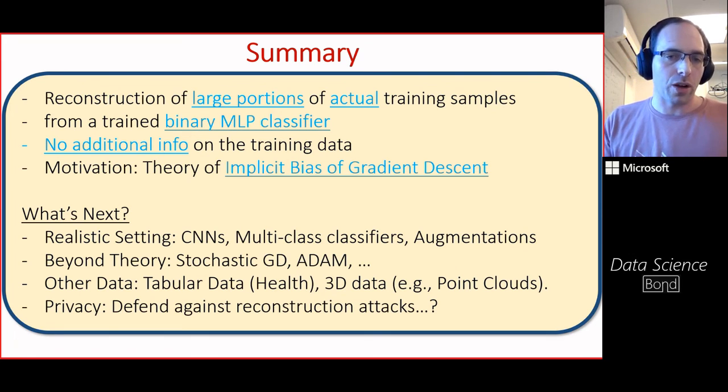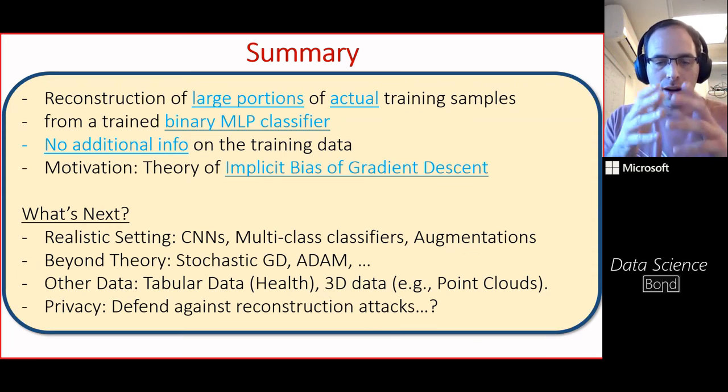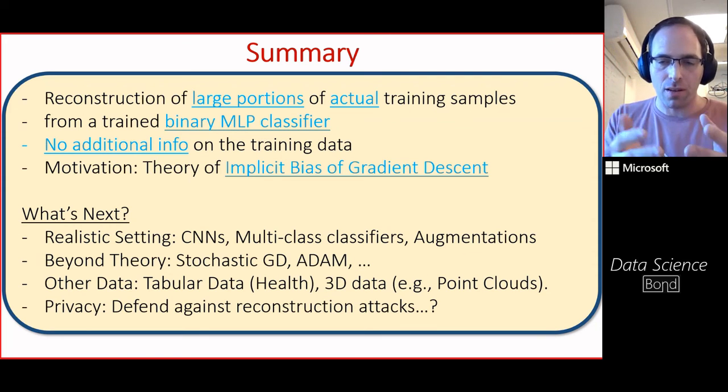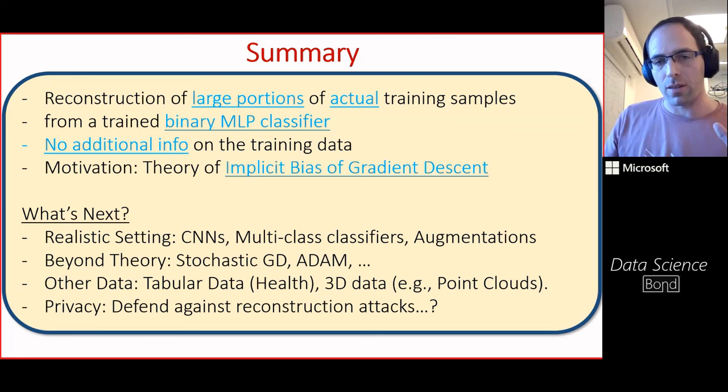So what we do is just grid search. We actually solve this optimization problem many times. We solve it for, say, 1,000 initializations with a specific set of hyperparameters. We run the optimization problem, we get some results. And then we do it like 100 times. We get 100,000 reconstructions at the end.